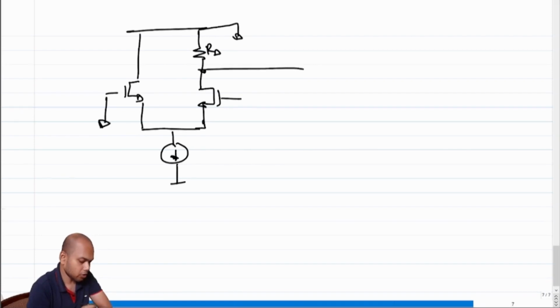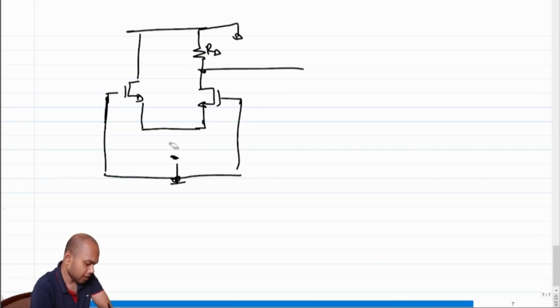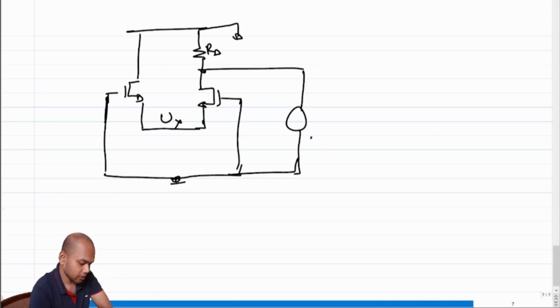This is shorted also because while doing output impedances, we have to desensitize the input. Desensitizing a voltage source is equivalent to shorting the voltage source. And we can remove this current source also, because in an incremental sense, current source is irrelevant. This is Vx. And we apply a test voltage here. And we have to find out this test current, right? This test current here.